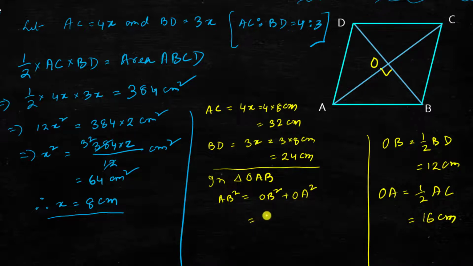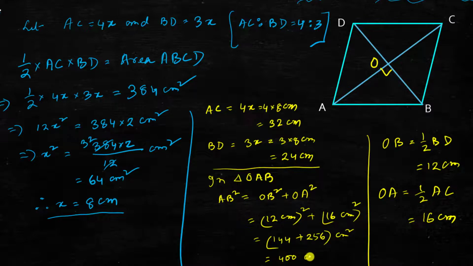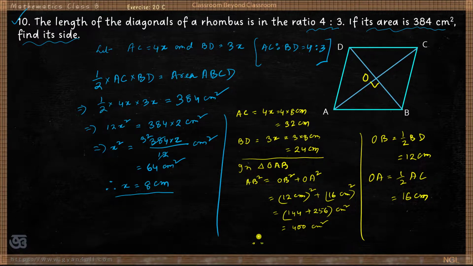So here you can write OB square, that is equal to 12 centimeter square, plus OA square, that is 16 centimeter square, is equal to 144 plus 256 centimeter square, is equal to 400 centimeter square, and therefore square root of AB square is equal to AB, and square root of 400 centimeter square is 20 centimeter. So AB is equal to 20 centimeter.